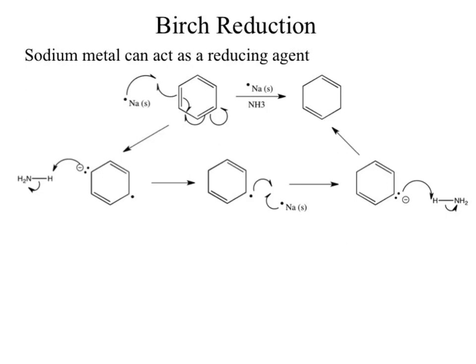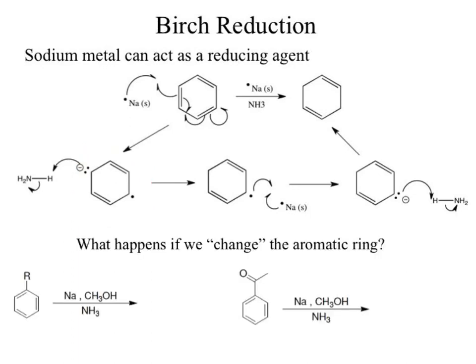The primary thing that you need to be focused on is your first intermediate. What's the most reactive thing in that intermediate? The charge. The negative charge. So what happens if I change the structure? What do I expect for a product? That negative charge is reactive. What do I want near it?